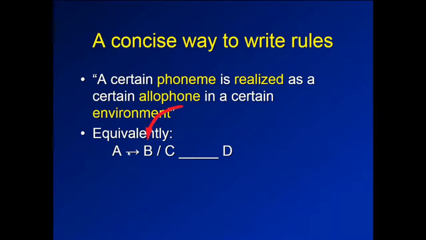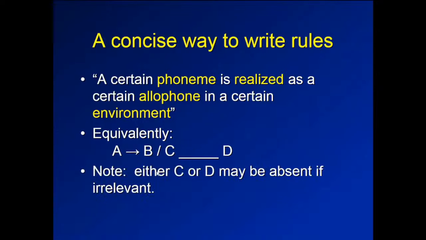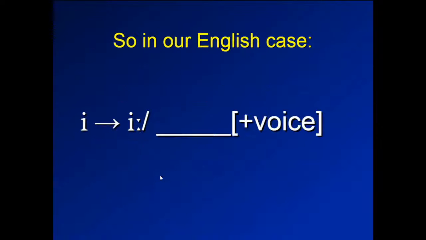It becomes, or is realized, or is pronounced as B in this context, when it is placed between C and D. This is the rule here. So in our English case, this vowel is being realized as long when it is followed by voiced sounds.